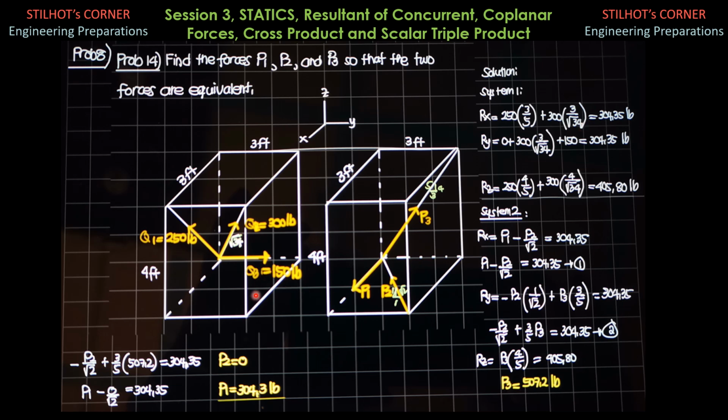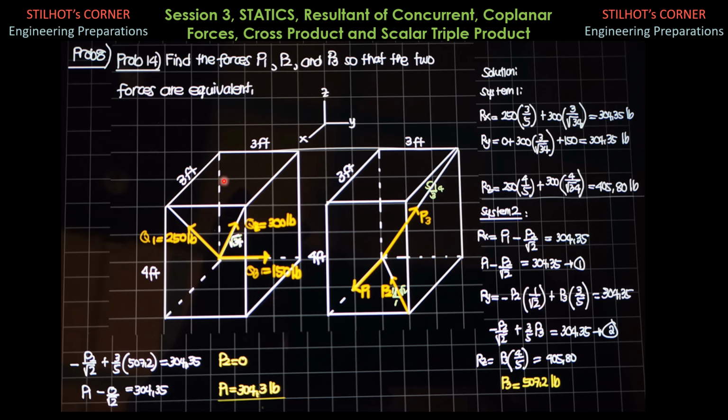Then Q3 has no x component, it is purely rightward. So combined values, it is 304.35 pounds, that's Rx.